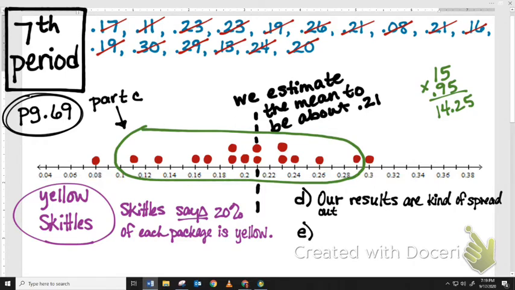For part E, not everyone got exactly 0.2 because of the random selection.